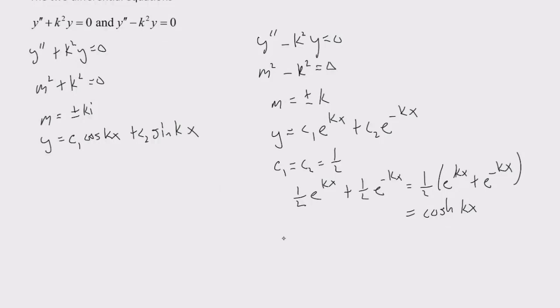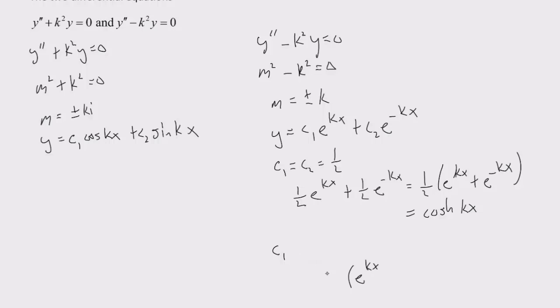All right, so what if I let c1 equal c2 equal negative 1/2? What's that going to do for us? Sorry, I'm checking my notes over.